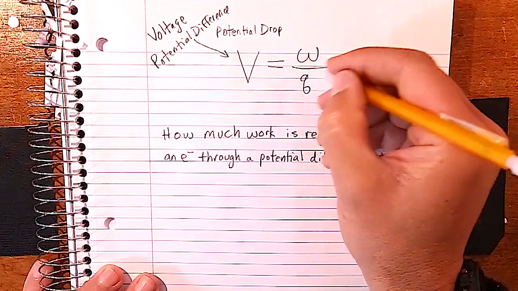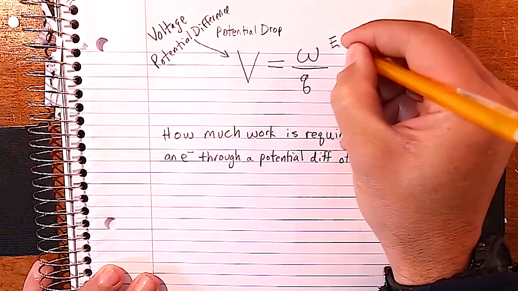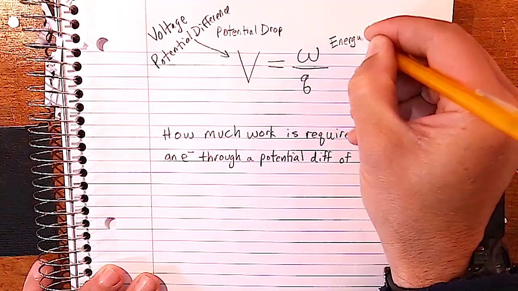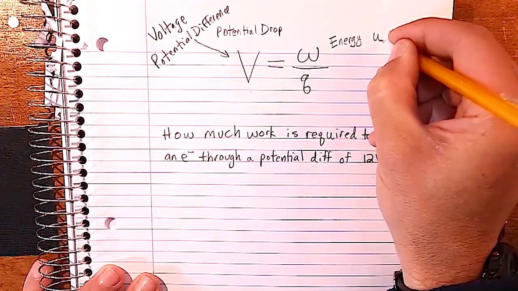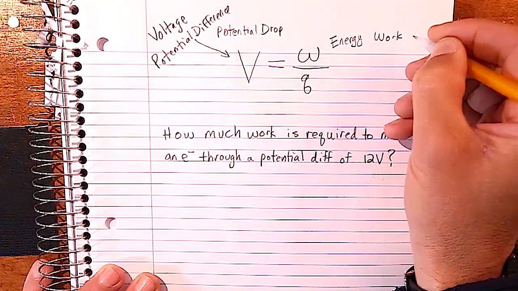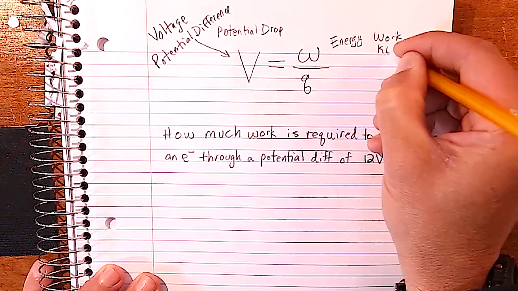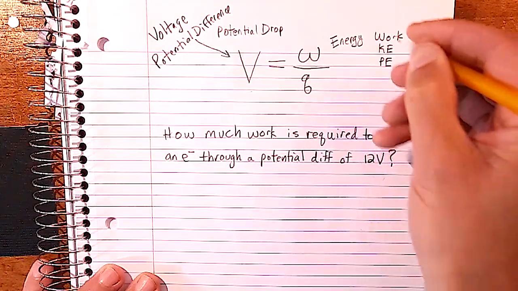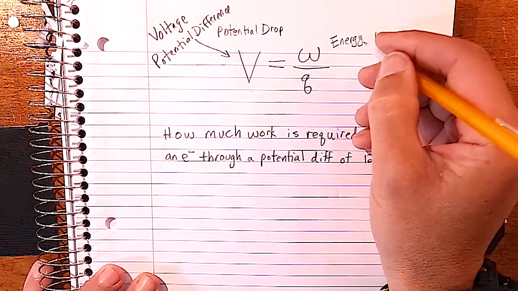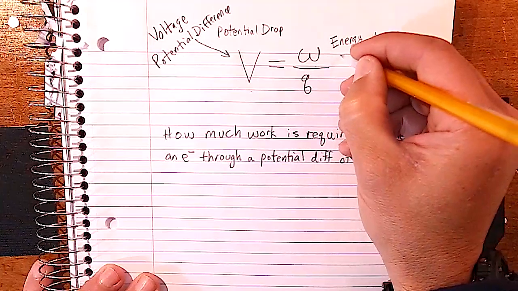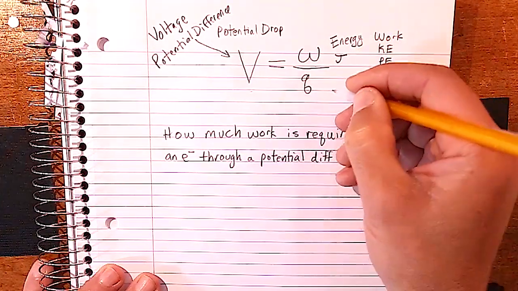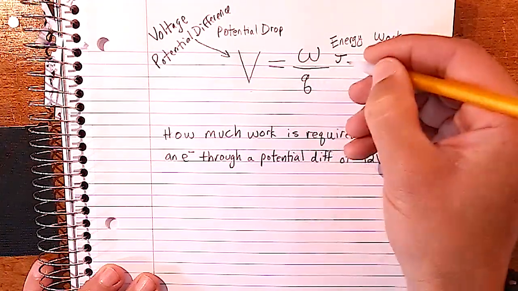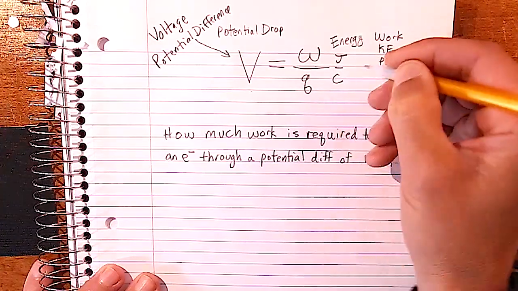What's the unit? W is energy. Now, when we talk about energy, that can also be the work done. It can also be the kinetic energy gained, and it can also be the potential energy gained. But typically, it's just left as energy. And we know that energy is measured in joules, and that Q is measured in coulombs, charge.